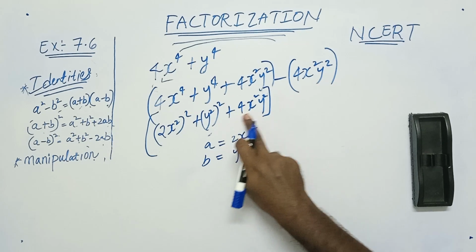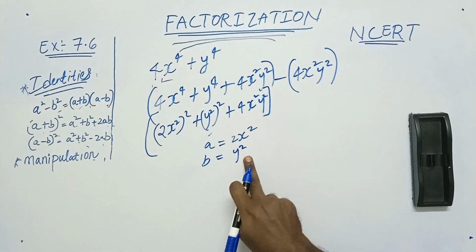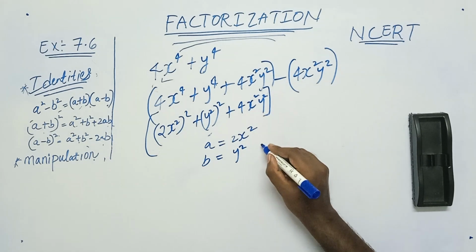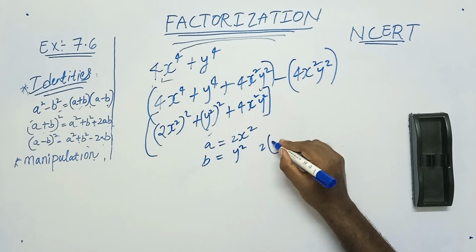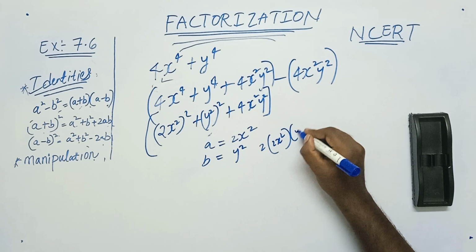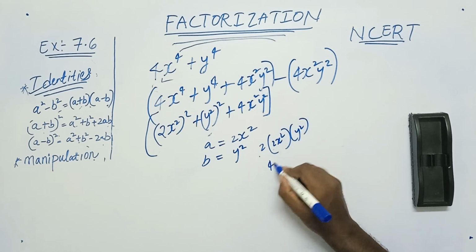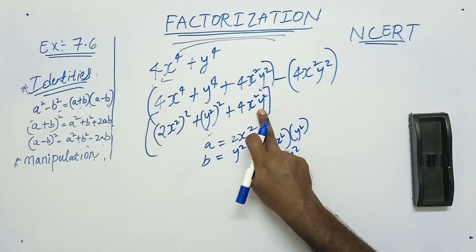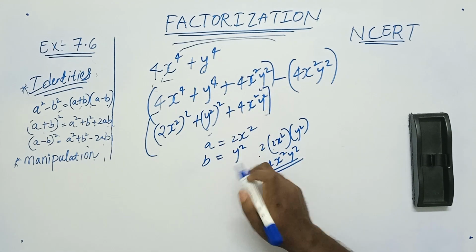I'm trying to check whether 4x square y square is equal to 2ab or not. So 2 times 2x square y square, so 2 twos are 4x square y square. That means you are getting the middle term 2ab, which is 4x square y square. That means the ab values are correct.